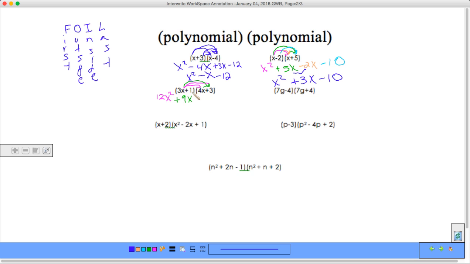Then here we have 1 times 4x, which is just 4x. And the last, 1 times 3 is 3. Then we're going to combine these like terms here in the middle. So my final answer will look like 12x squared plus 9 plus 4 is going to be 13x plus 3.